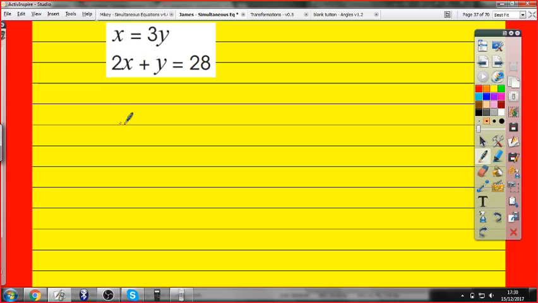So 2 times x add y equals 28. And instead of writing 2 times x, what could I write? Equation 1 tells us that x equals 3y. Oh, 2 times 3y instead of 2 times x. Yeah. Okay, solve that.